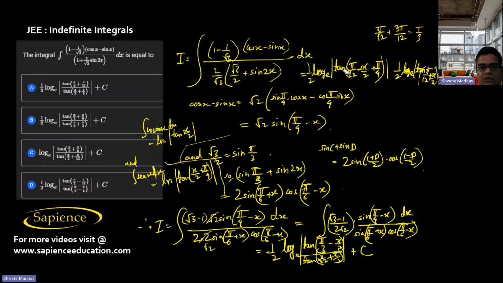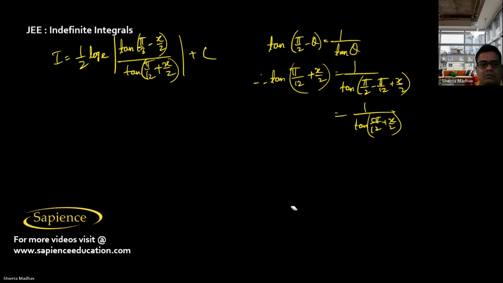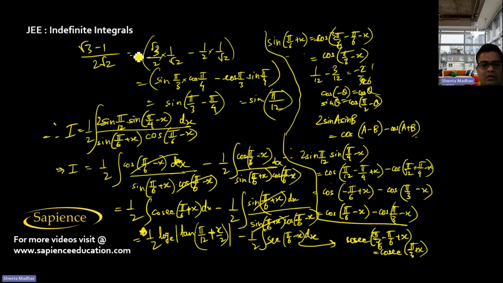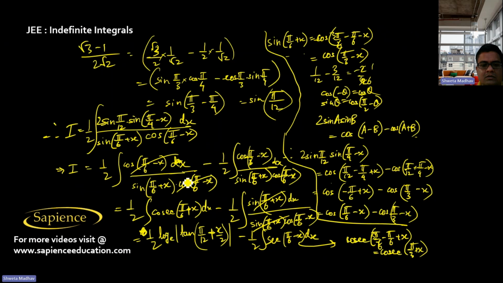This part is wrong actually. Here actually what is happening: the integral I that we got is half of the integral of cosec of (pi by 6 plus x), then this will be pi by 3 plus x.